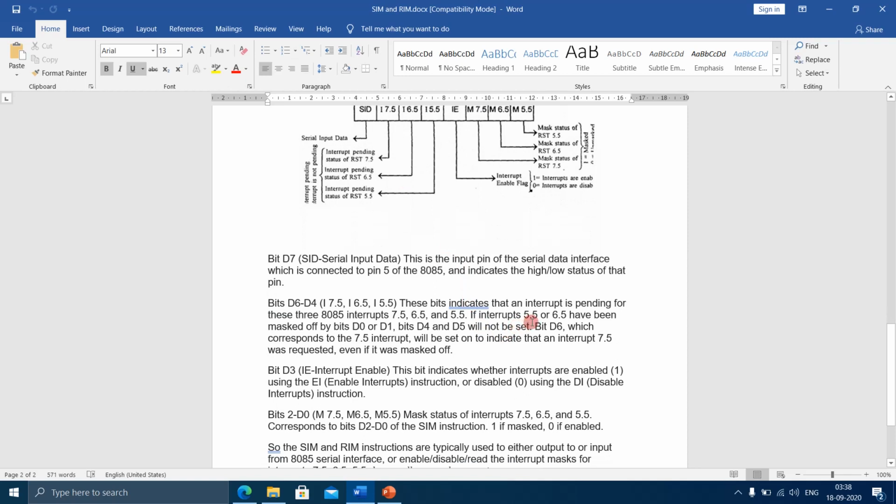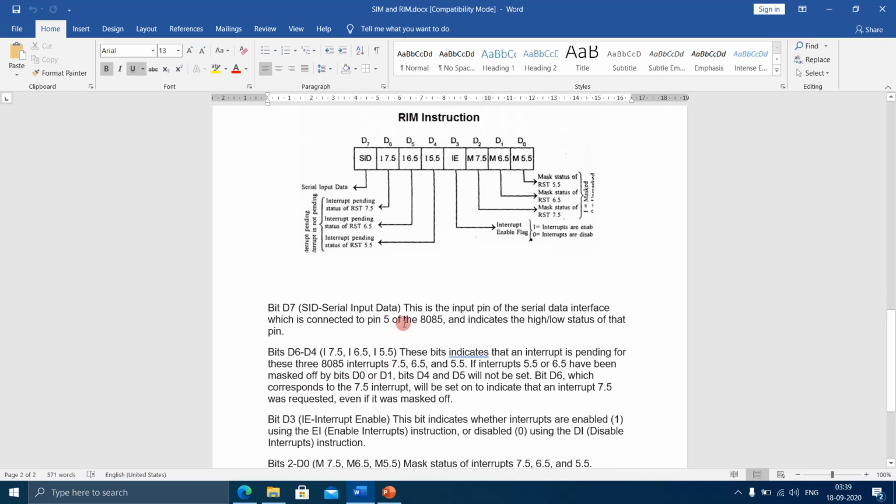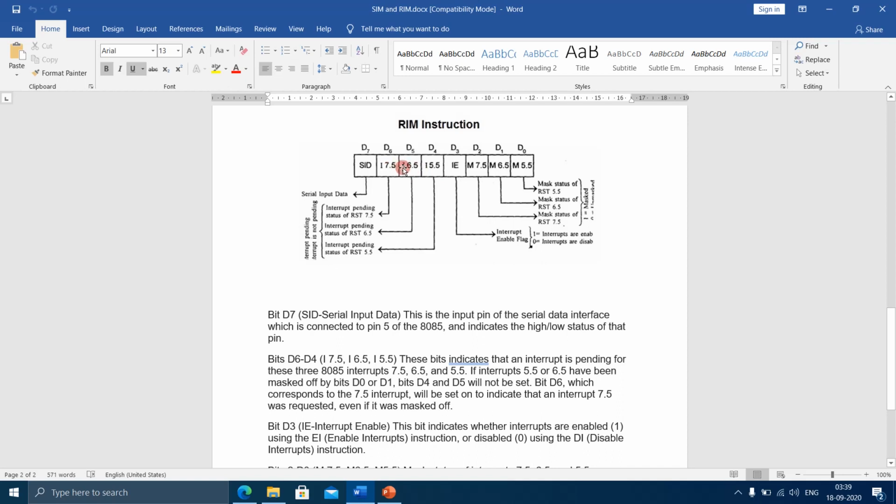So if interrupt 5.5 or 6.5 have been masked off, meaning ignored by bits D0 and D1, bits D4 and D5 will not be set.